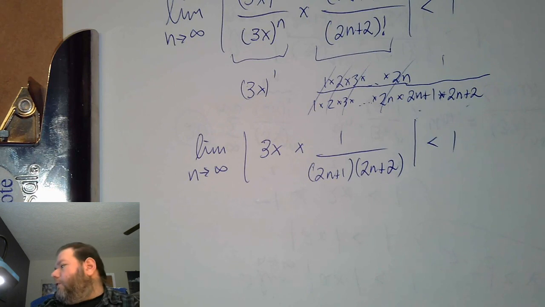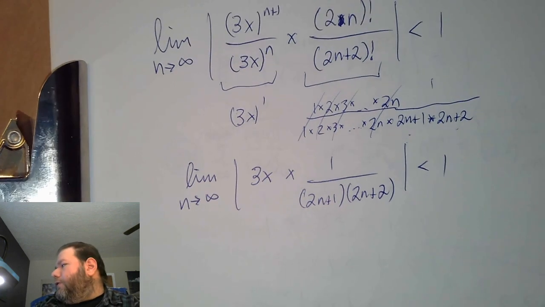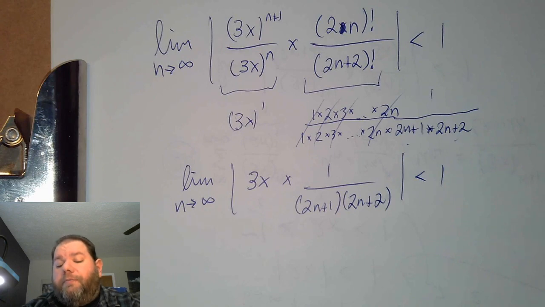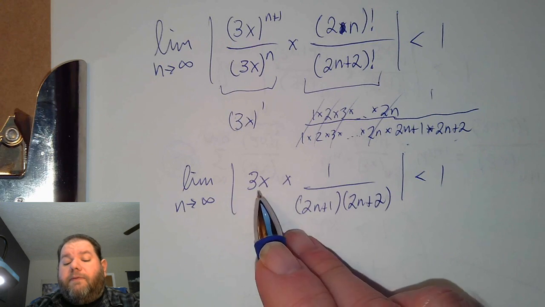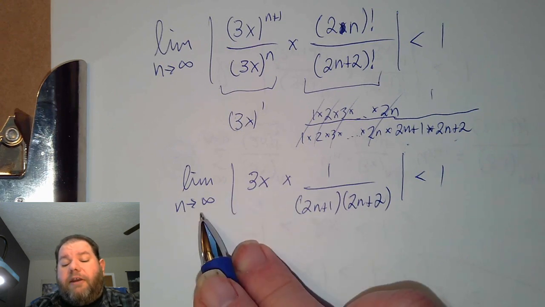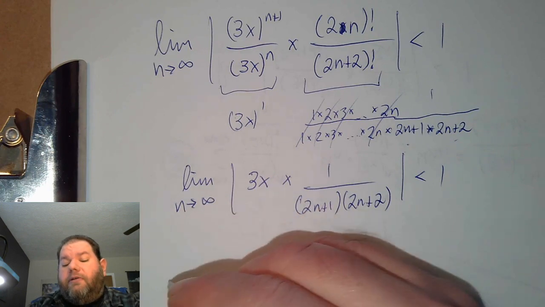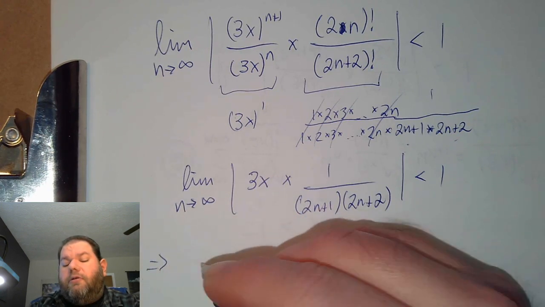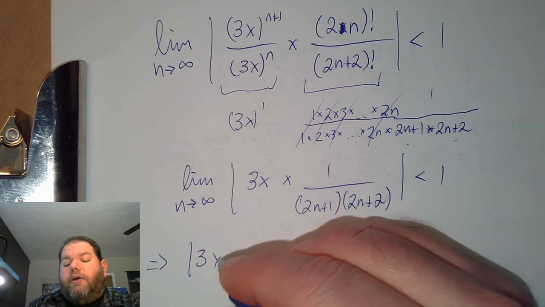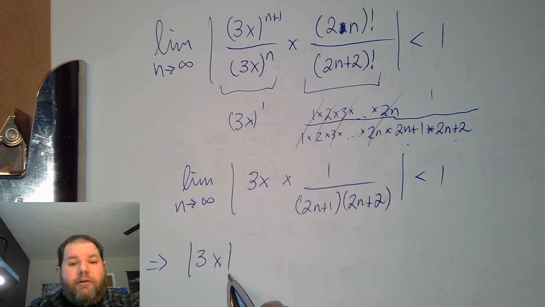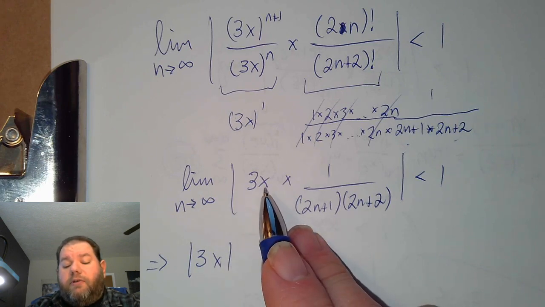Okay, so we've reduced it or simplified it, however we want to call it, and this is where we're at. Now, like I said before, the 3x, since it doesn't have any n's, we can actually bring that outside of the limit. Now, remember, x can still be positive or negative, so we need the absolute value there, because that's still applying to that.